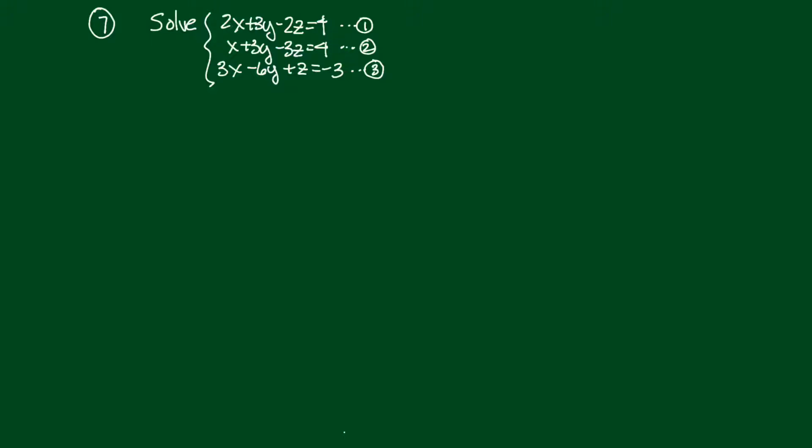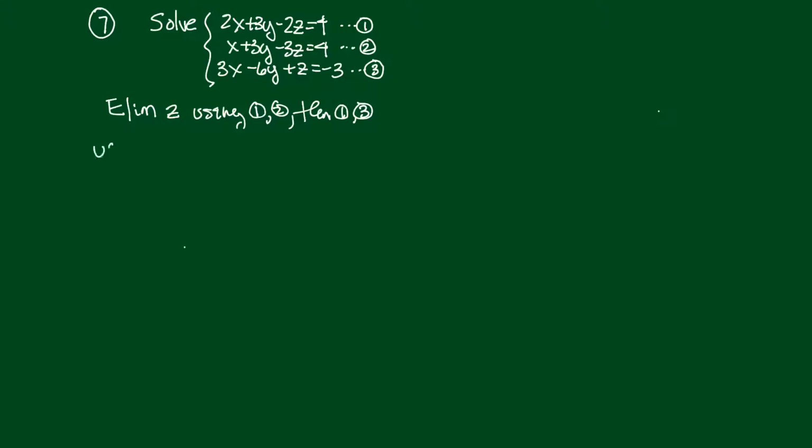So my plan is to eliminate the variable z using equation 1 and 2, then 1 and 3. That'll take me down to just a 2 by 2. Let's see how it works.